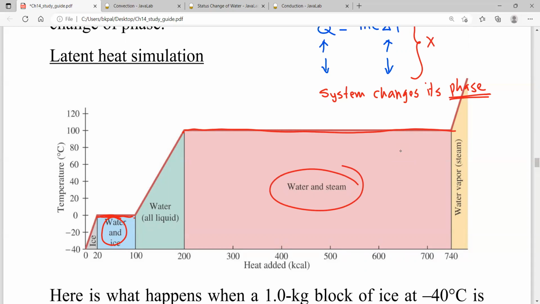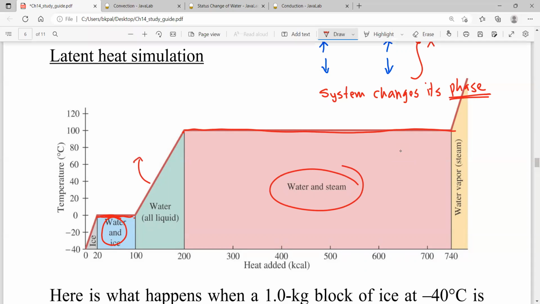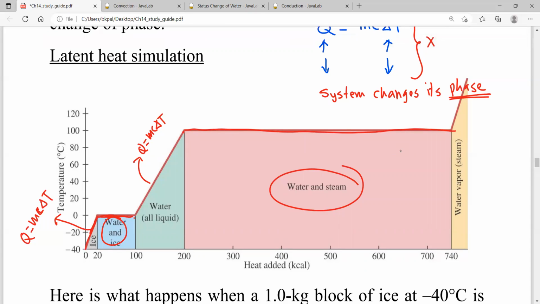You can use Q = mcΔT on the sloped lines, but make sure that on the first line this c is the specific heat capacity for ice, on this line it is the specific heat capacity for water, and here it is the specific heat capacity for steam.